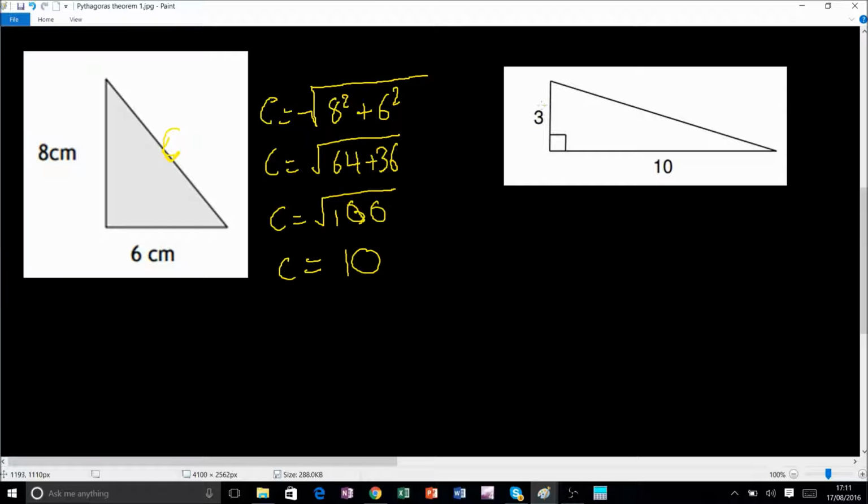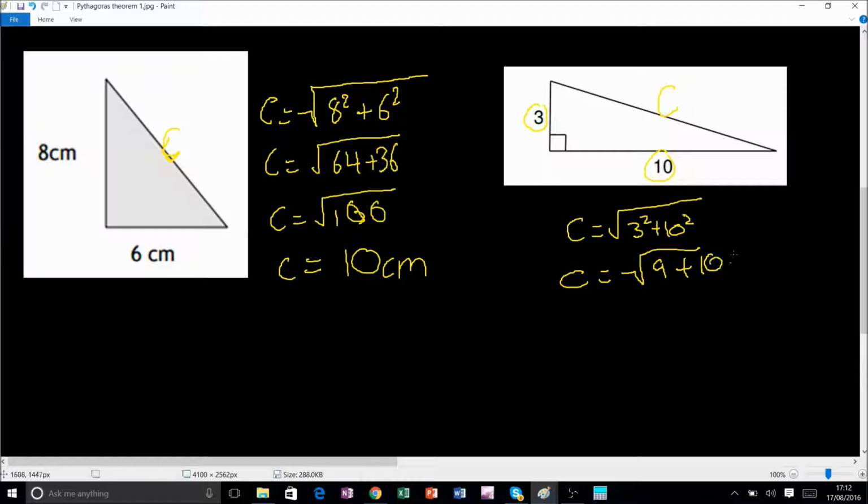So we've got 3 and we've got 10, and that should be in centimeters because the units are in centimeters. I'm going to look for our C here, or our hypotenuse. So C is equal to the square root of 3 squared plus 10 squared, so C is equal to the square root of 9 plus 100, which is the square root of 109.